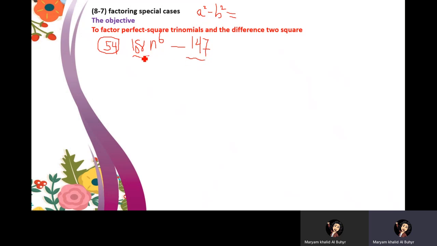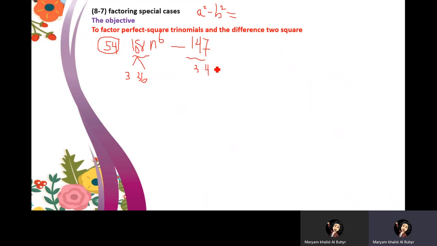I'm not going to find for you the greatest common factor, because I'm pretty sure you know how to find it. The greatest common factor between them will be 3, so 3 times 36, and this one is 3 times 49.